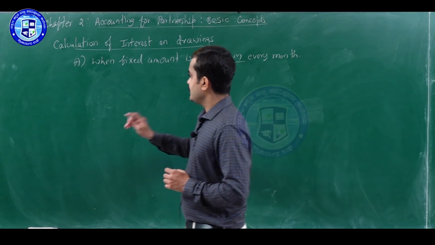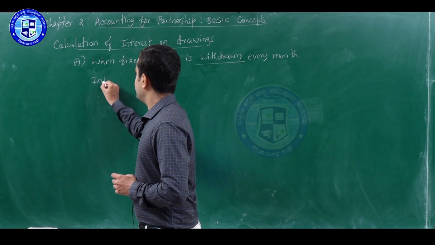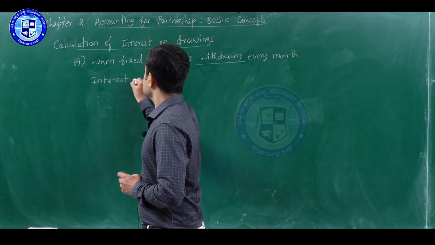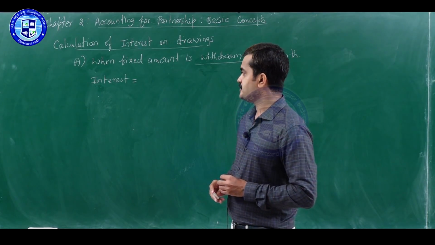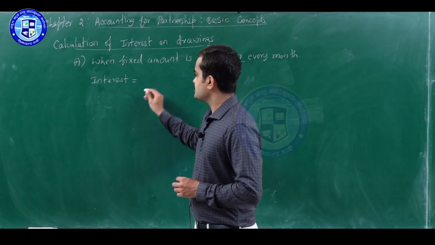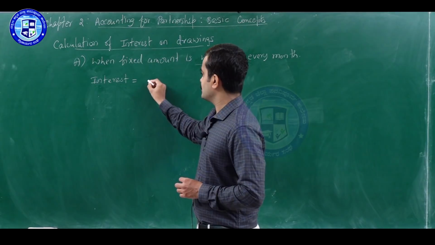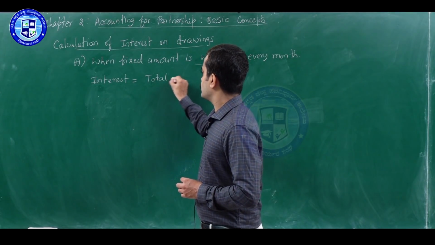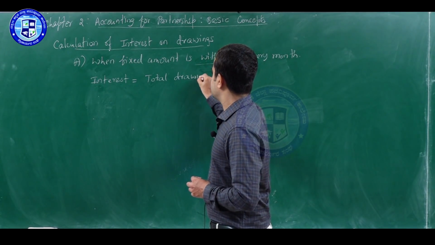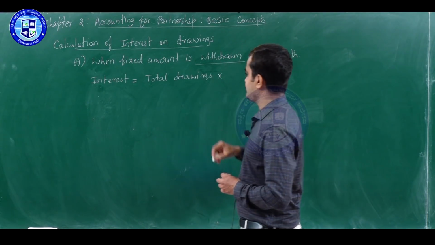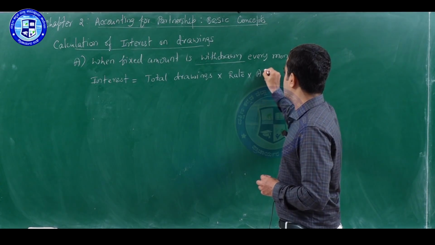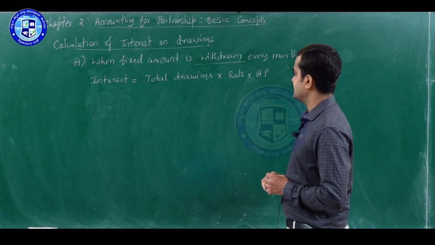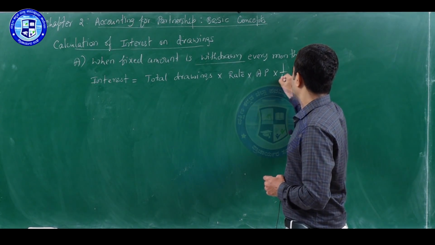Here interest will be calculated using an easy method called the average period method, which has the formula: interest equals total drawings into rate of interest into average period, I write AP, into 1 by 12.